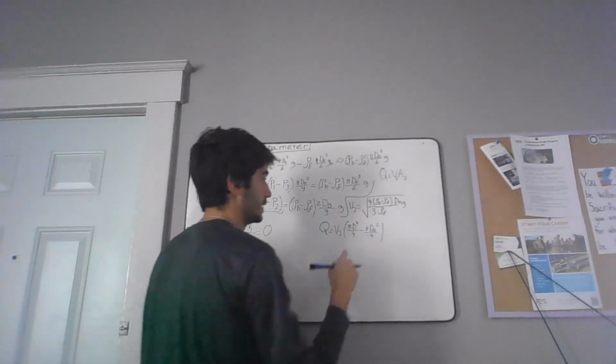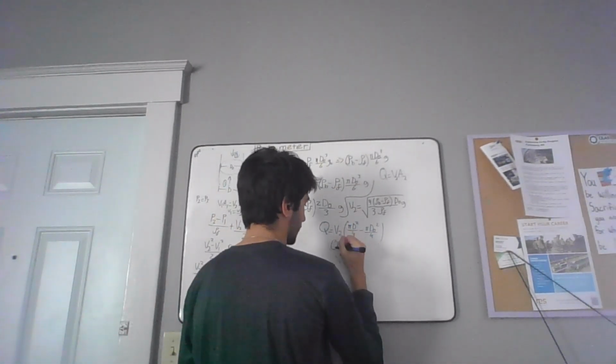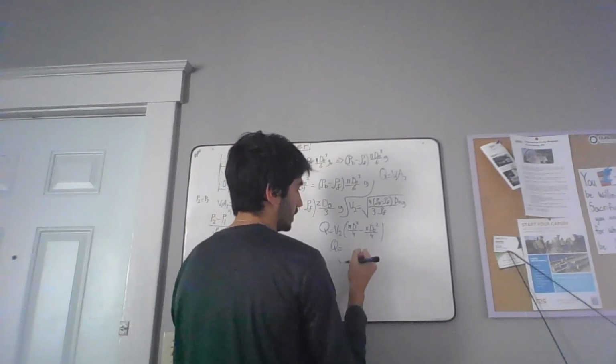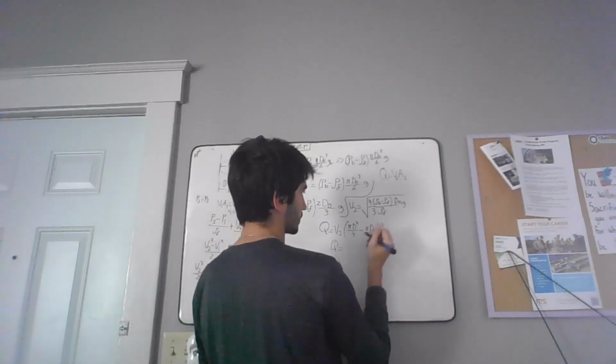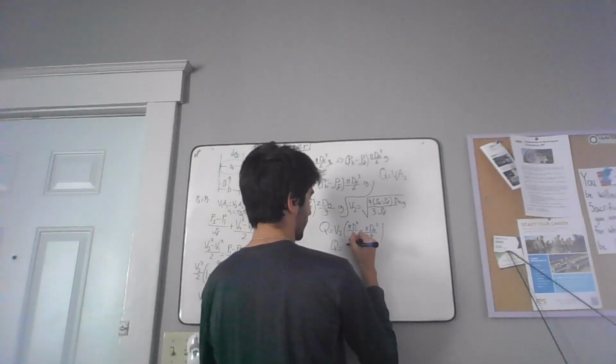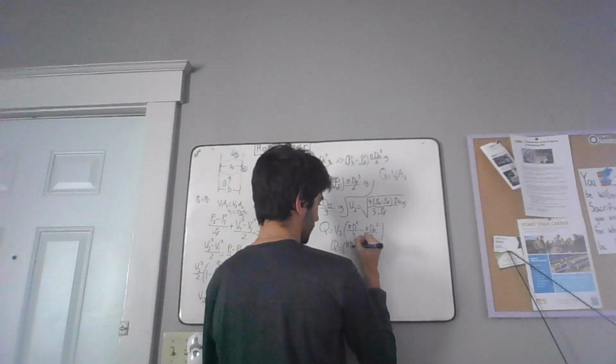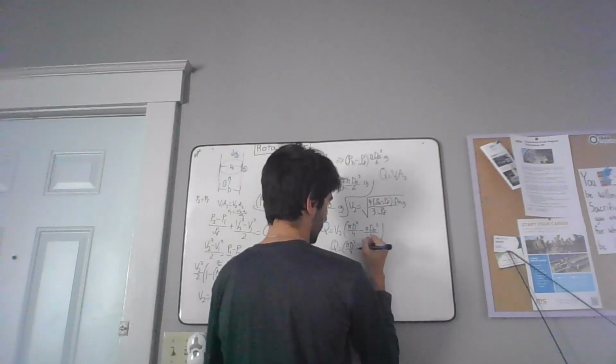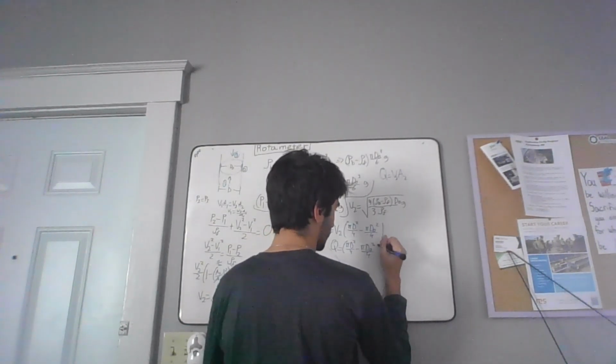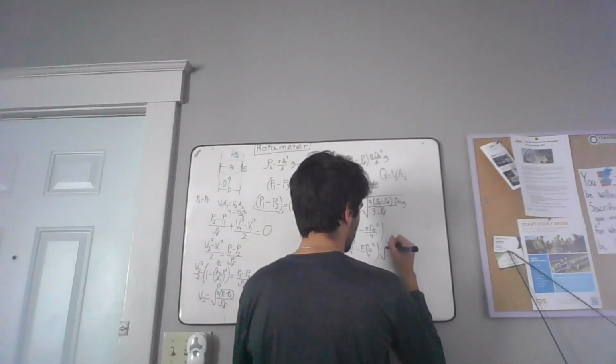And if we plug V2 into here, we get Q is equal to pi D squared over 4 minus pi D naught squared over 4, multiplied by V2.